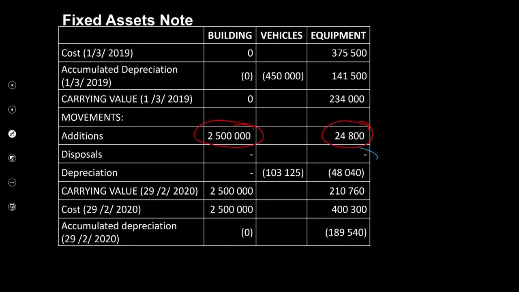There are no disposals. So therefore, you could compare your opening balance with your closing balance and then determine that you had purchased additional equipment to the value of 24,800. Remember, you can only do that if there is no disposal.